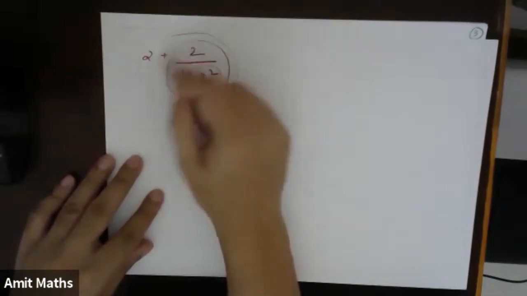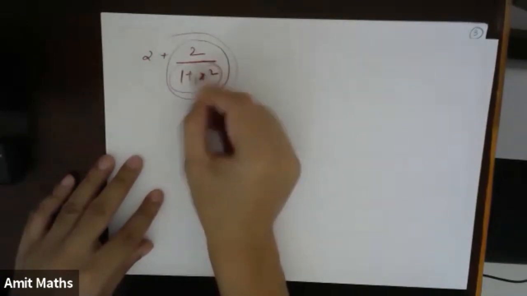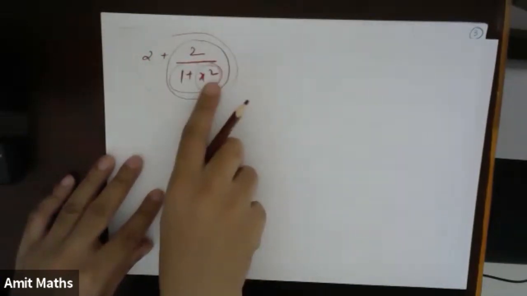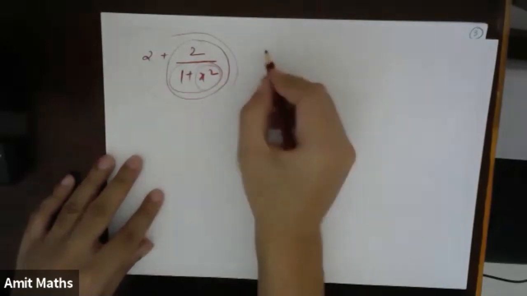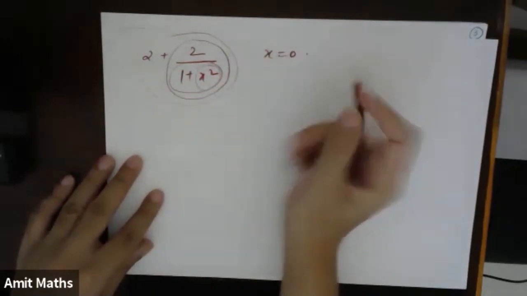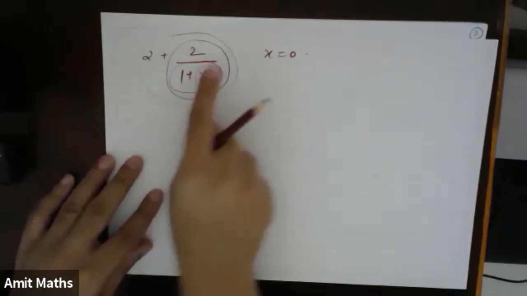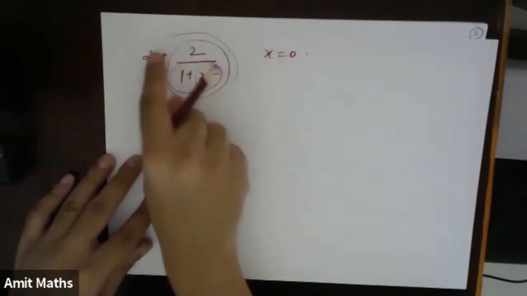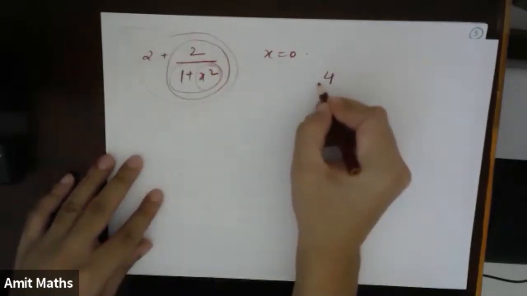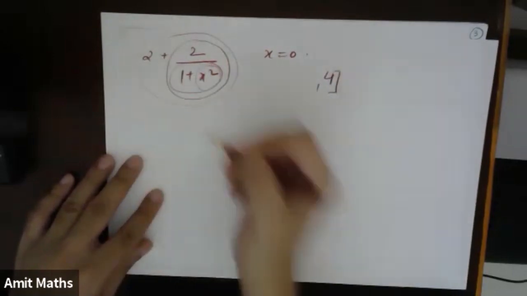This whole thing is maximum when this denominator is minimum. So when is 1 plus x square minimum? When x is equal to 0. When x is 0, this denominator will be minimum. So this will become 2, so 2 plus 2, 4. So the maximum value of this will be 4.